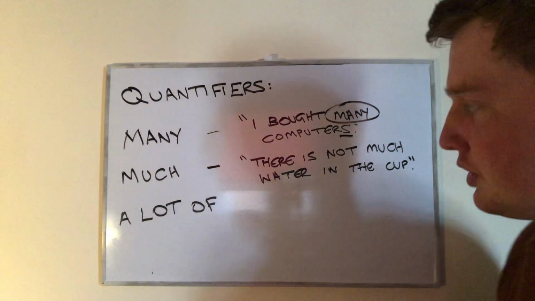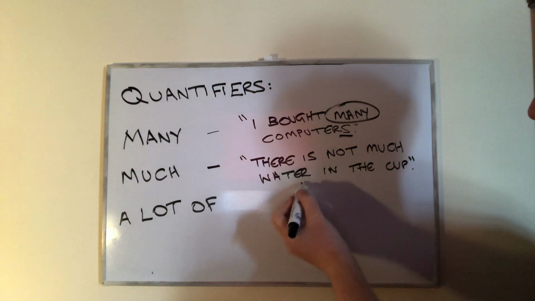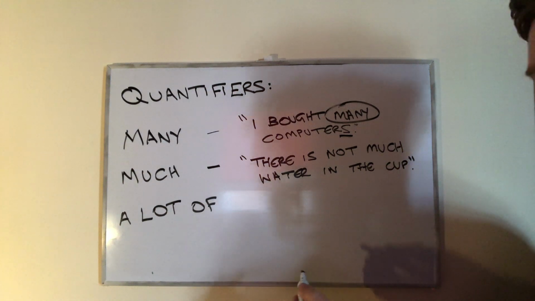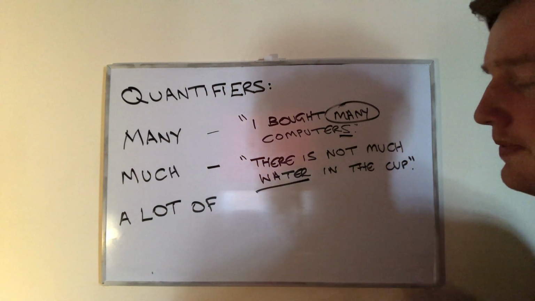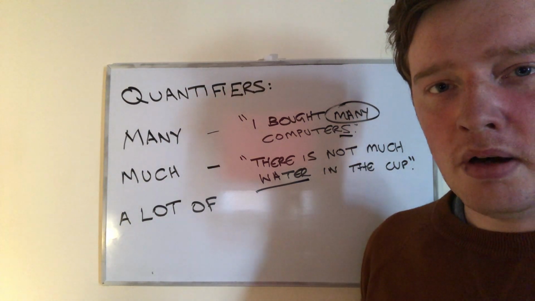There is not much water in the cup. So we have the noun here, which the quantifier is being applied to, which is water. Well, is water countable or uncountable?